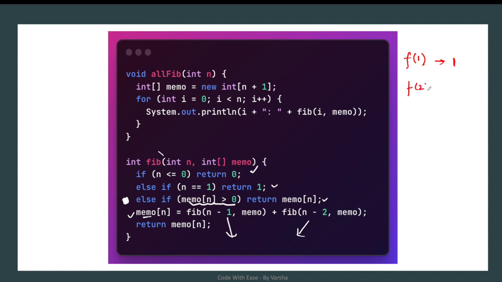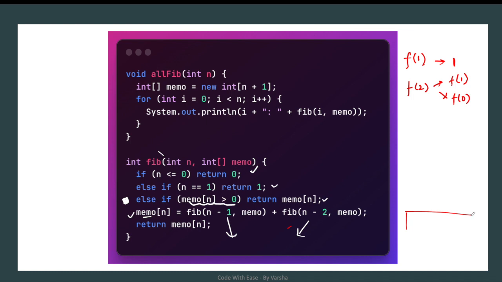When I'm doing f of 2, I want f of 1 and f of 0. f of 1 will return 1, f of 0 will return 0. So it is going to add these two up, 1 plus 0 is 1, and it is going to store it at memo.